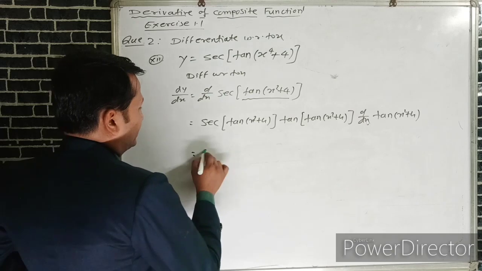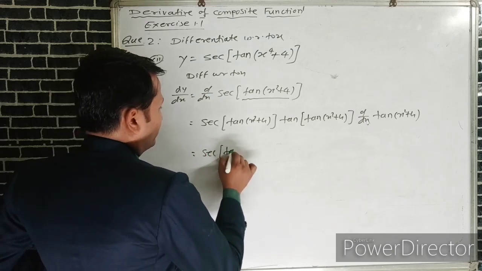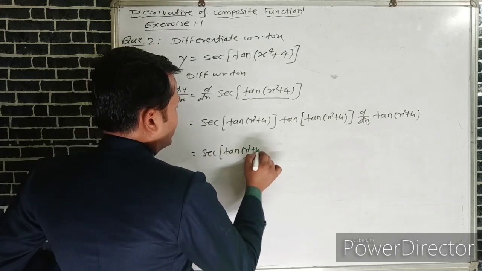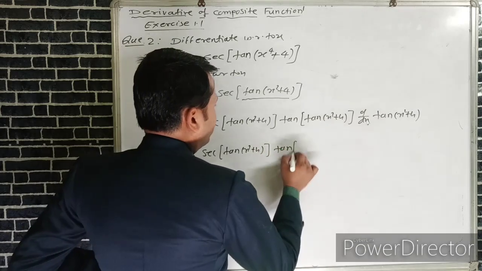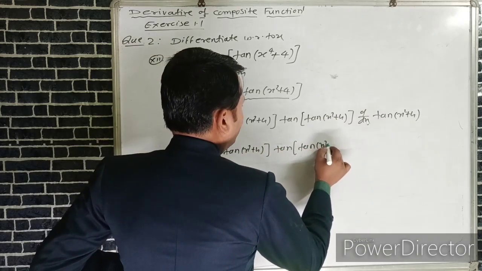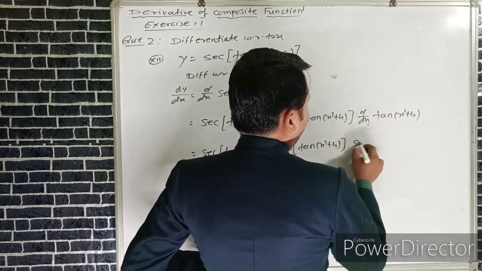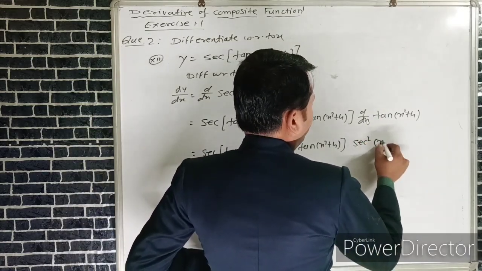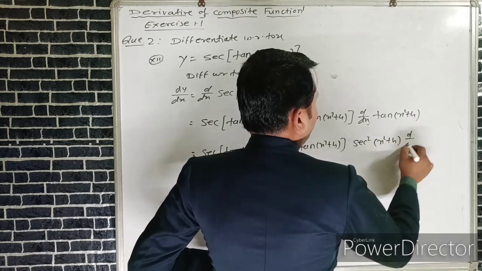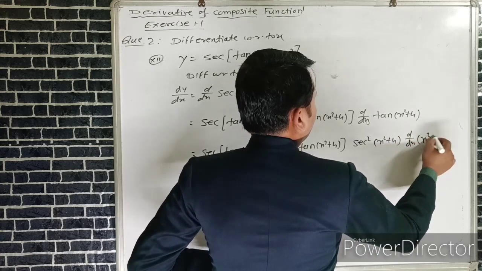Again we can write sec of tan of x square plus 4 as it is, tan of x square plus 4 as it is, and we know that the derivative of tan is sec square, hence we can write here sec square of x square plus 4, and we take again a derivative of x square plus 4.